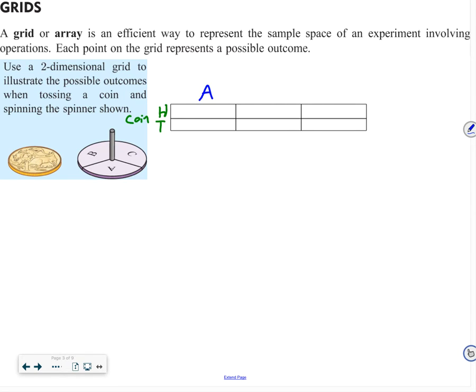So I could get an A, a B, or a C. So in my grid, here would be a head and an A, a head and a B, a head and a C. Here is a tail and an A, a tail and a B, and a tail and a C. You can see I still get the same sample space, but it's just another way of organizing my sample space to make sure I get all possibilities, but a little bit more efficient than making a list.